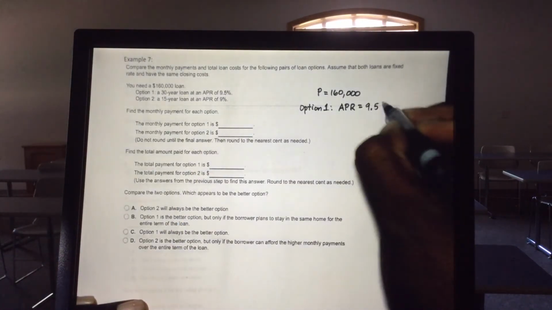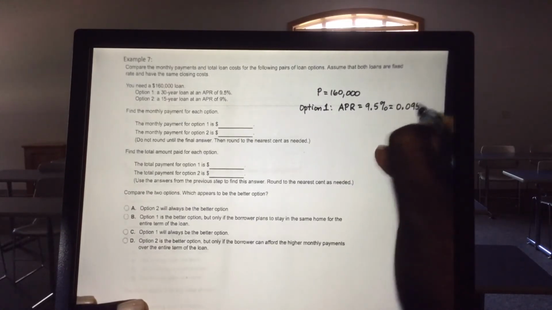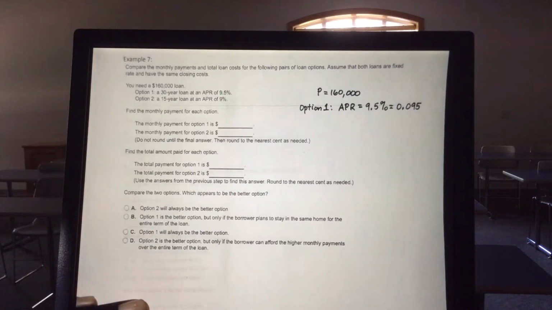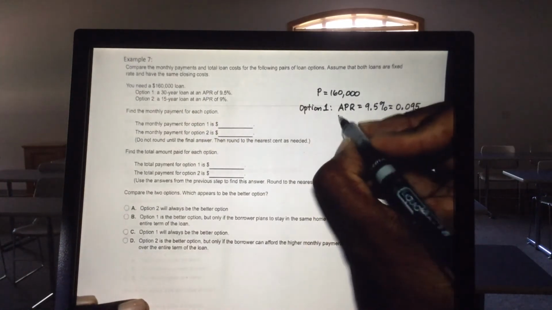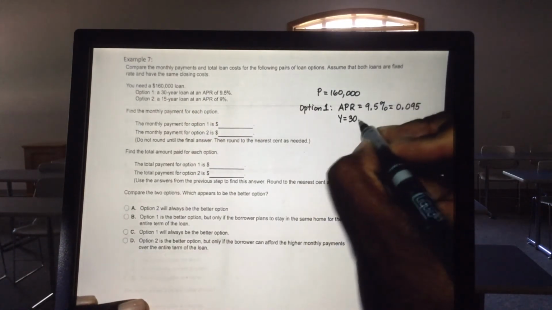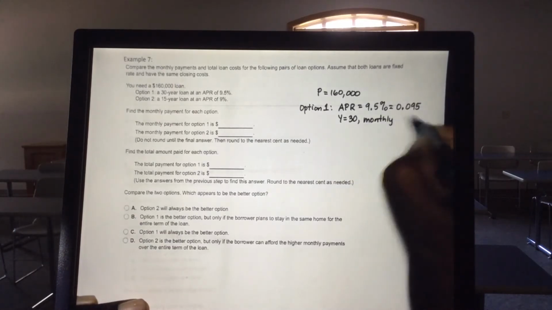That means, as a decimal, it would be 0.095. And it's going to be a 30-year loan, so Y is equal to 30, and also monthly means N is equal to 12.